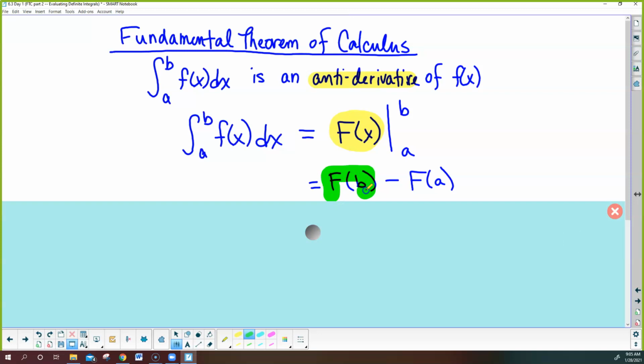What's a better way to solve all these pieces without creating an area graph? Well, we can evaluate the antiderivative at b. I just plug b into the antiderivative, and I'm going to subtract that from the antiderivative evaluated at a.